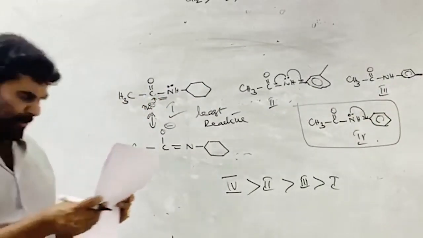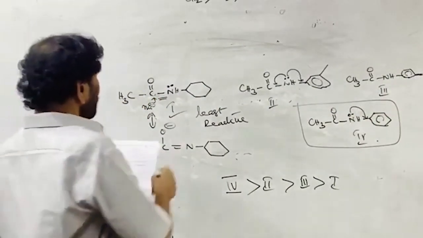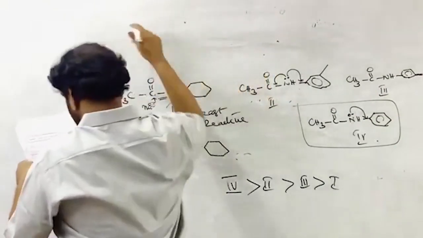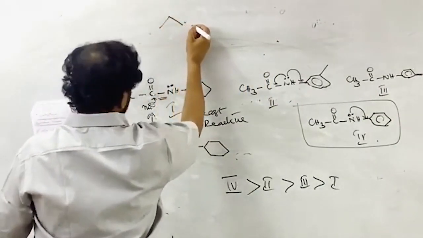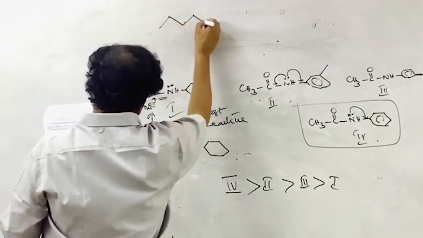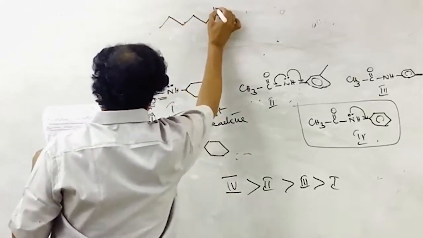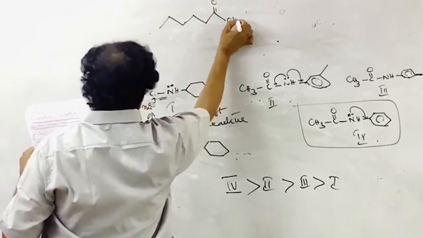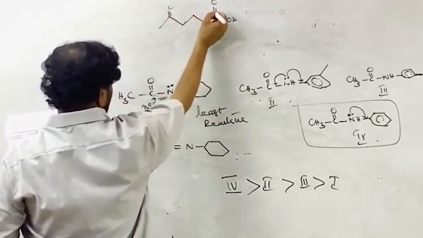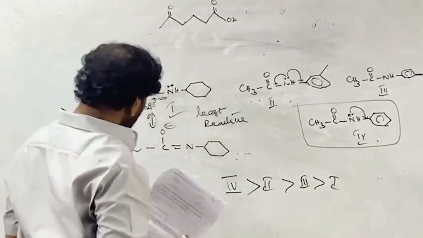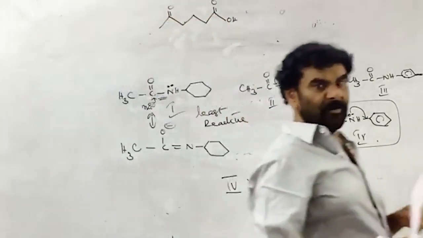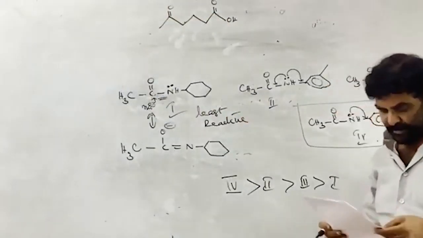The next one is treated with sodium borohydride. You see, 1, 2, 3, 4, 5, 6. The original compound is 5-oxohexanoic acid, 5-keto hexanoic acid.